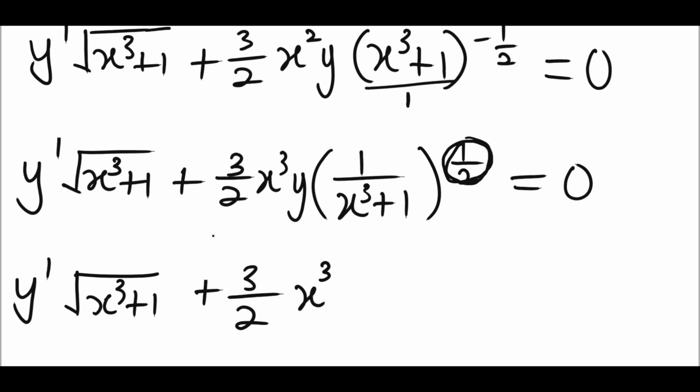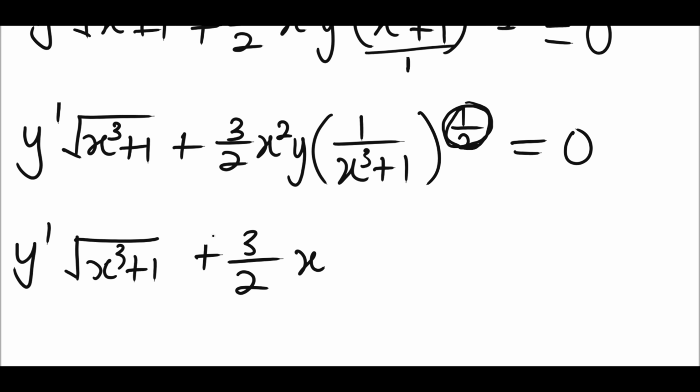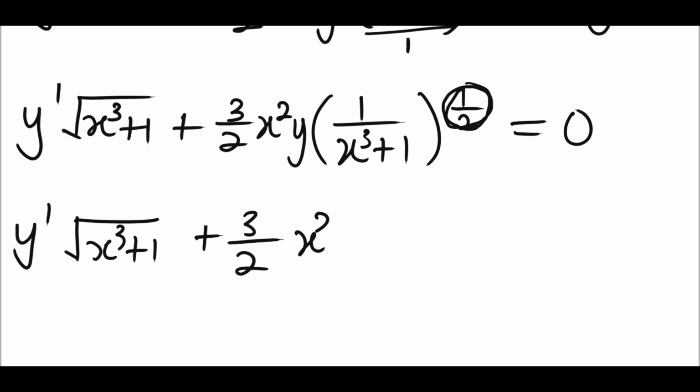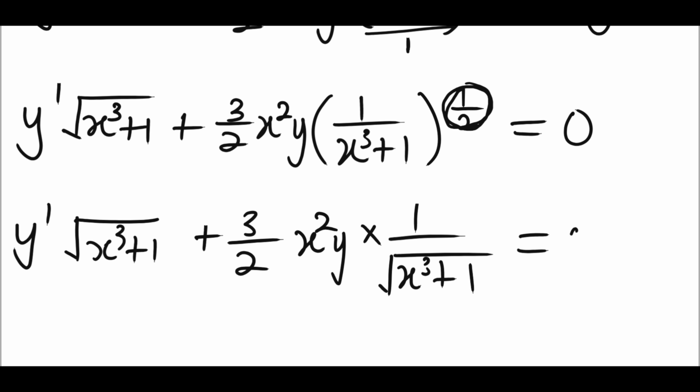Sorry, here is rather x squared. It's x squared, not x cubed. So let me correct it. 3 over 2 x squared y. All right. Then it's going to be multiplying 1 over the square root of x cubed plus 1, all equal to 0. All right.